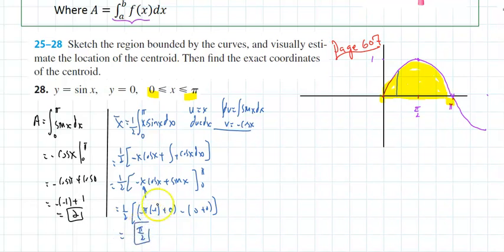I got x bar. So far, I got it to be pi over 2, which makes sense. It's along this line. That's where you're going to put the pin, so that when you take this clay piece of fixed width, it would balance out.